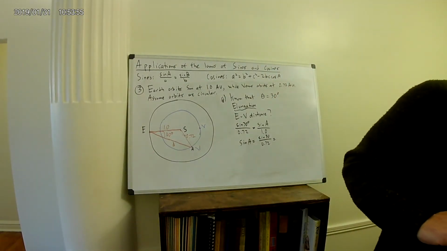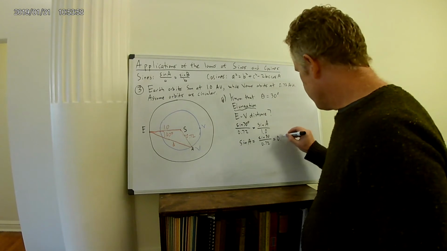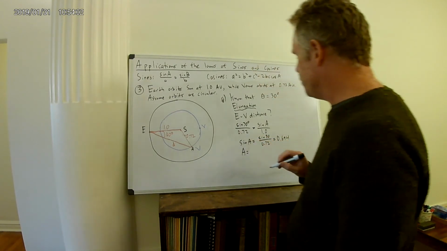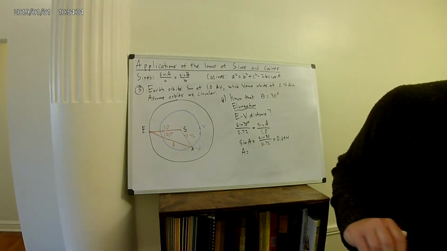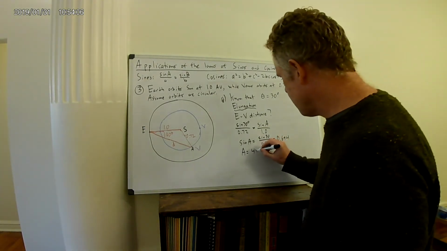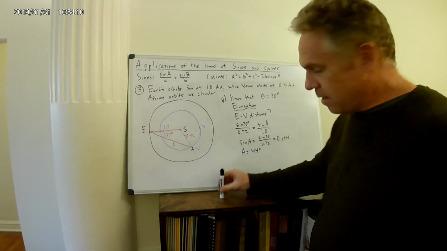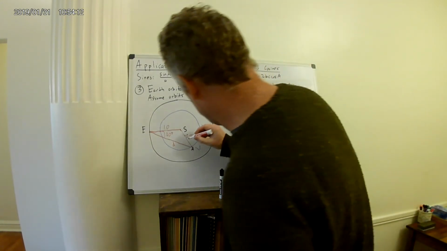And that comes out to 0.694. And if you guys now take the inverse sine of this, you get 44 degrees. So I know this angle here, let me stick with my red here. I know this angle here is 44 degrees.